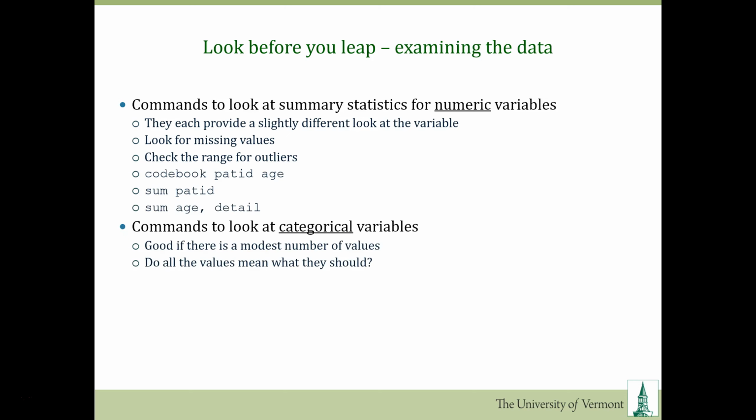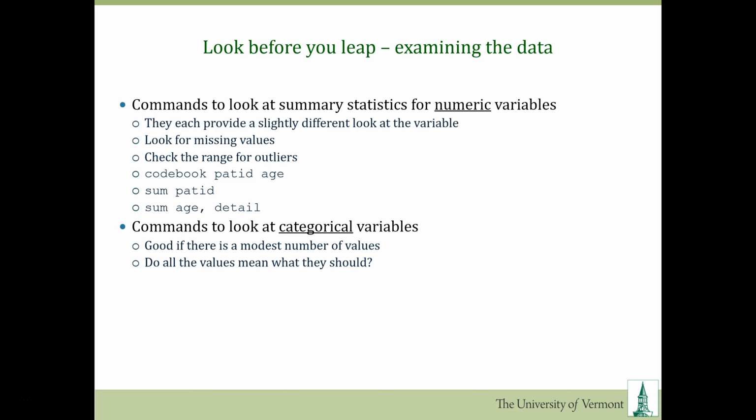Well, what about categorical variables? You could look at categorical variables if you don't have too many values. So if you've got a binary, perhaps gender or vital status, alive or dead, that's pretty easy to just look at a small table.